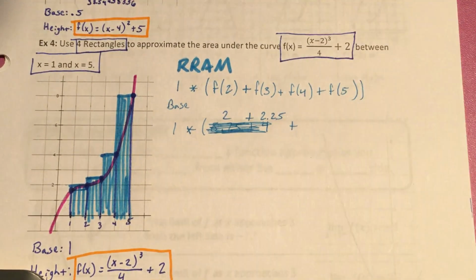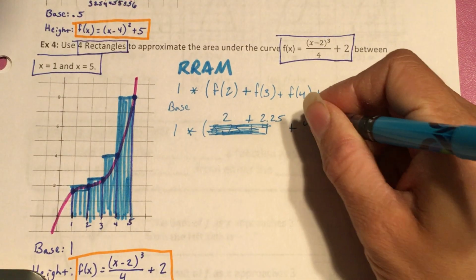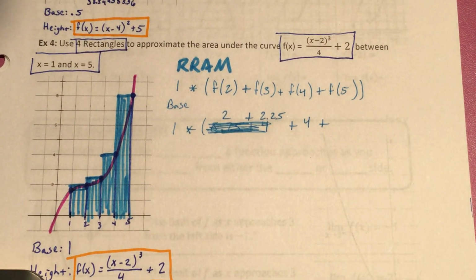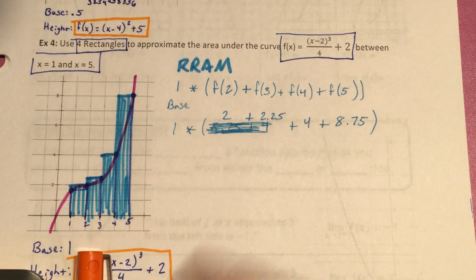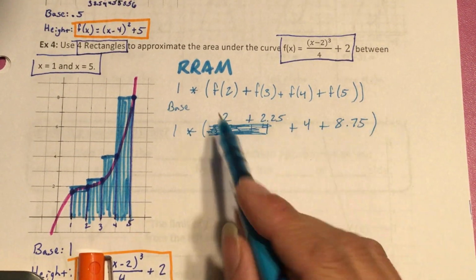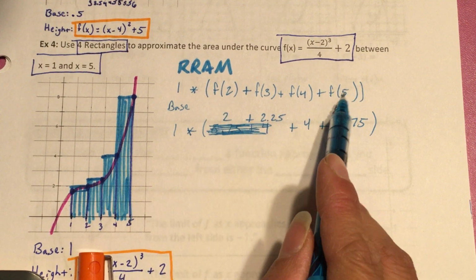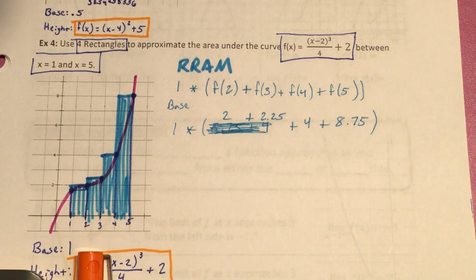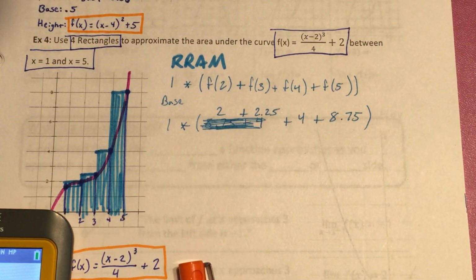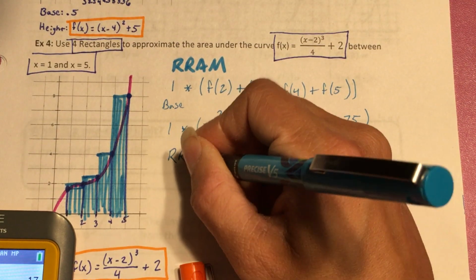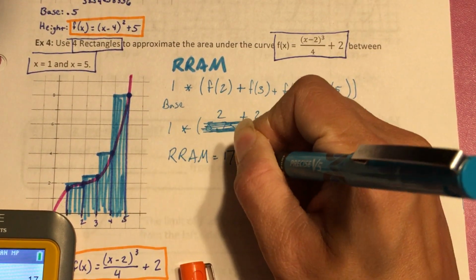F of 4 is 4. And then f of 5 is, there's the 8.75. And folks, the order that you have these written doesn't actually matter. I normally go from left to right with my heights, but you could have f of 5, f of 4, f of 3, and f of 2. That does not matter to me. So then we take 2 plus 2.25 plus 4 plus 8.75. And we get, woo, straight up 17 units squared.